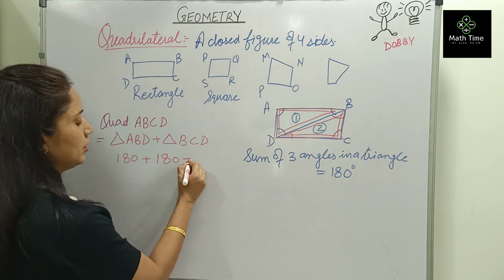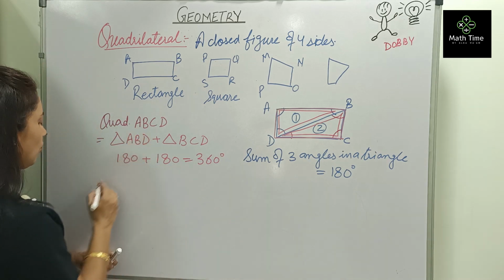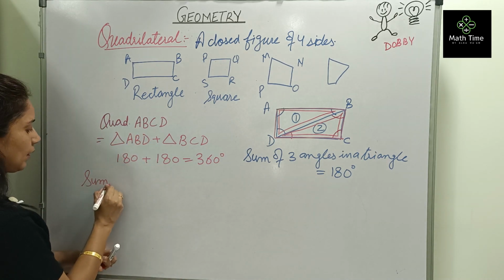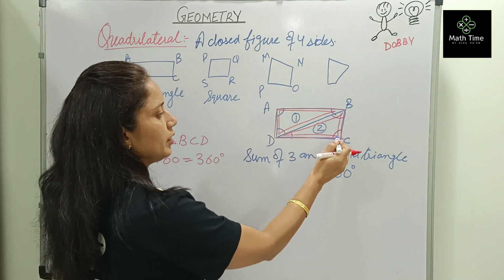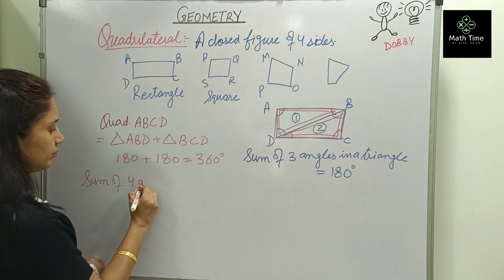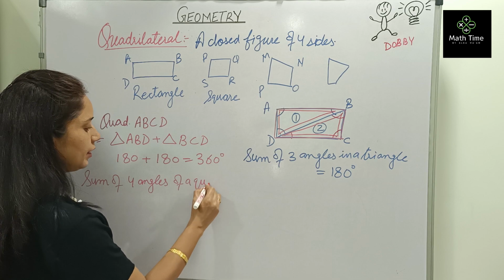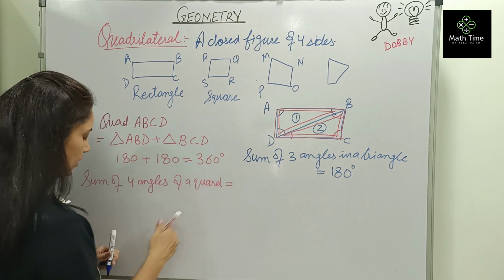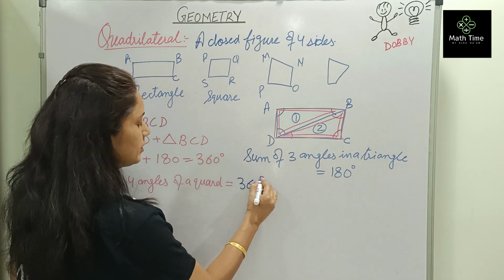That means the total becomes 360 degrees. That means, how many total angles are here? A, B, C, D. The sum of four angles of a quadrilateral is equal to 360 degrees.